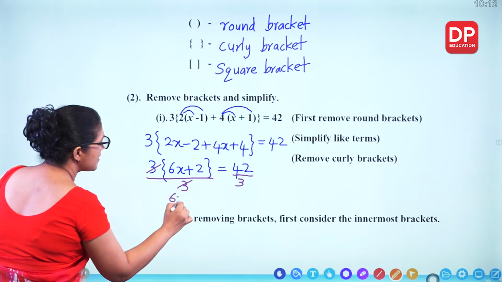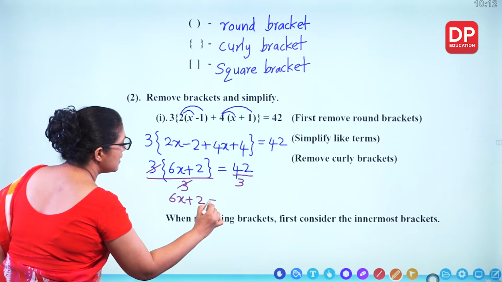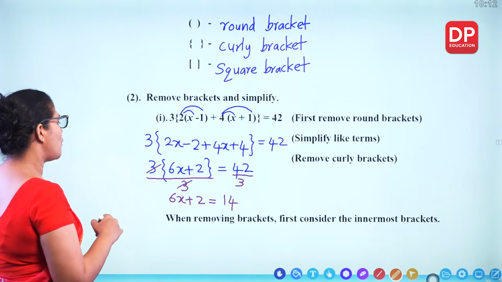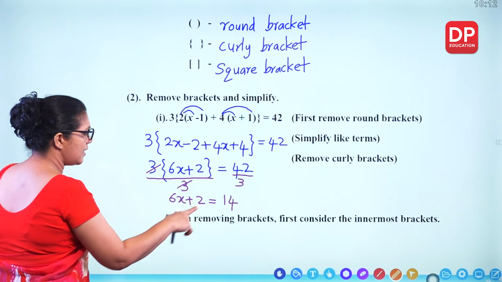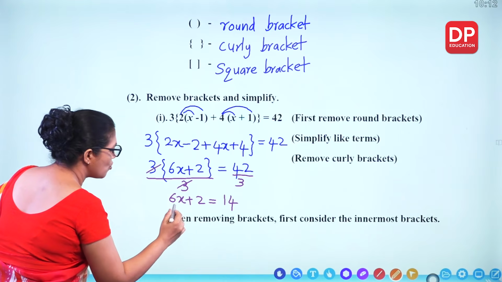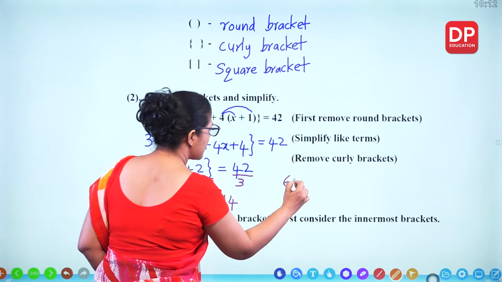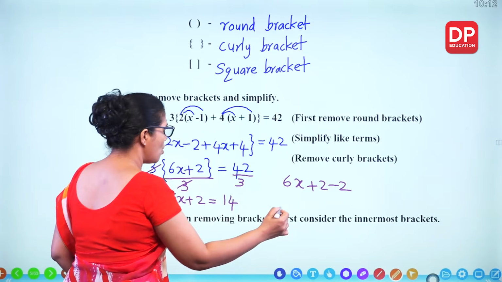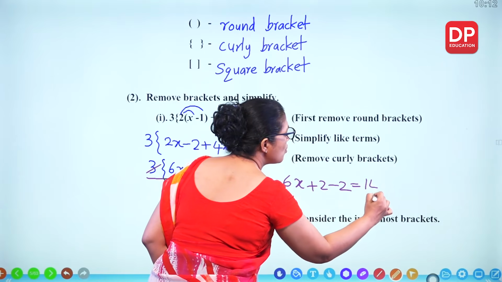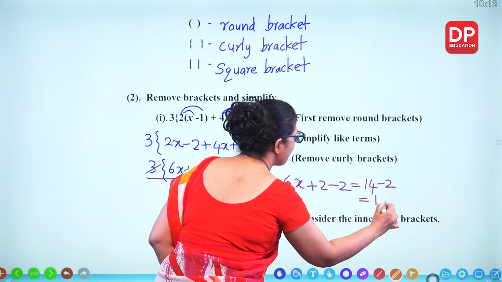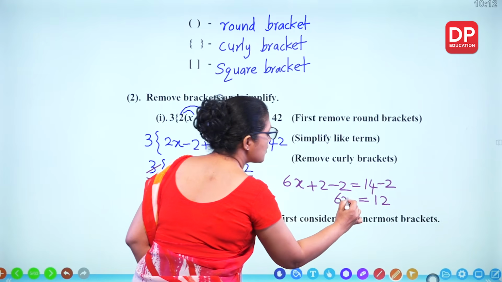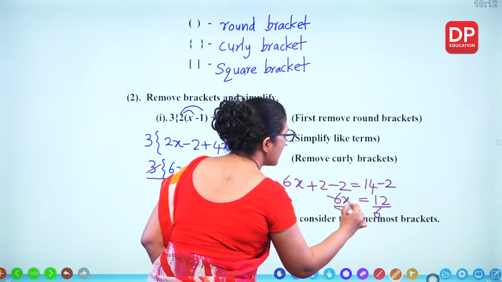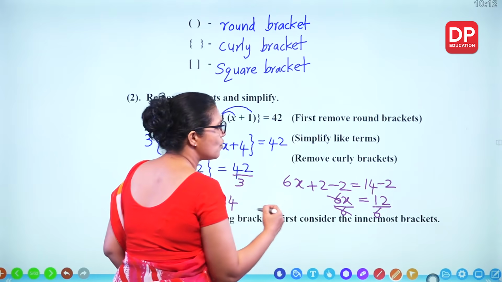You get 6x plus 2 equals 3 times 1, 3, here 4, 14. Now you can take this 2 out. You get 6x plus 2 and you can subtract 2. 14 minus 2, you get 12. So 6x equals 12. Divide this by 6. You get x equals 2.